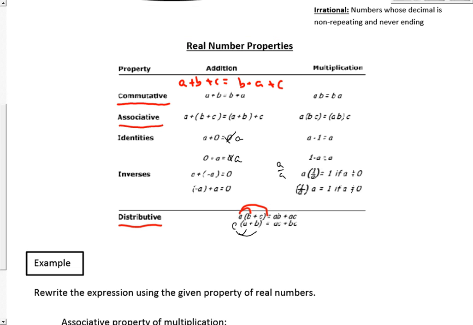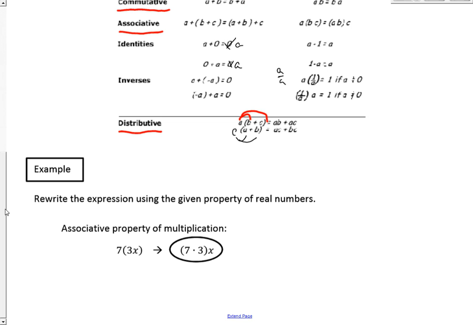Okay, so now let's look at a couple examples here. Let's rewrite the expression using the given property of real numbers. Using the associative property of multiplication, we want to rewrite 7 times 3 times x. Remember, associative property changes the grouping symbols. So we're going to take the parentheses away from the 3 times x, move them over, and write 7 times 3 inside the parentheses and leave the x on the outside.